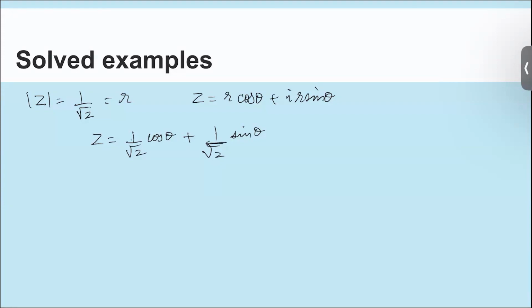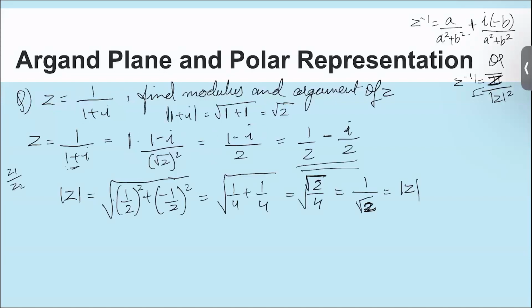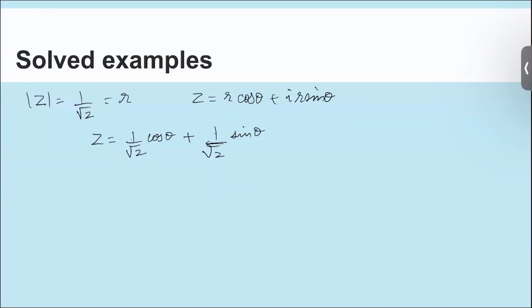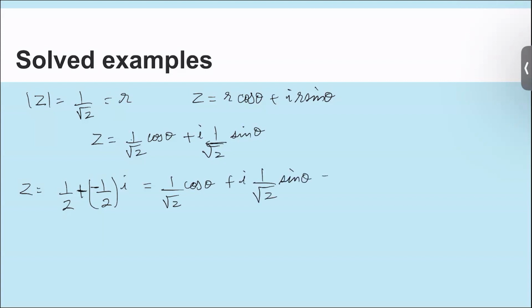We have already seen that we had simplified z, and we got it in this form. So you can write that over here. So z is equal to 1 by 2 minus i times 1 by 2, and it will be easy for us to generalize it as 1 by root 2 cos theta plus i times 1 by root 2 sin theta.